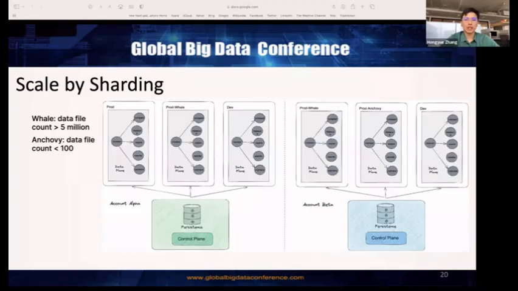As we can see here, when building Iceman as a smart table optimizer, we take scaling as one of the biggest challenges. We need to think about how many tables we are currently managing, and also given the rate of growth, how are we going to scale our system by 10-fold or even 100-fold?